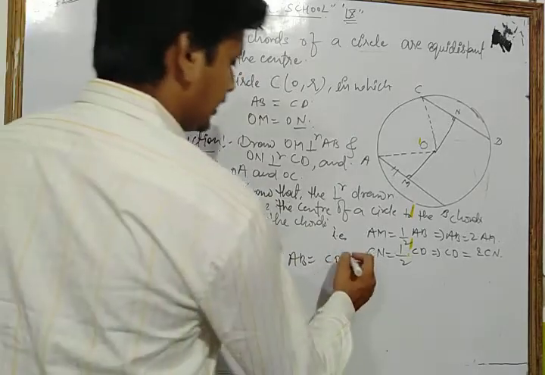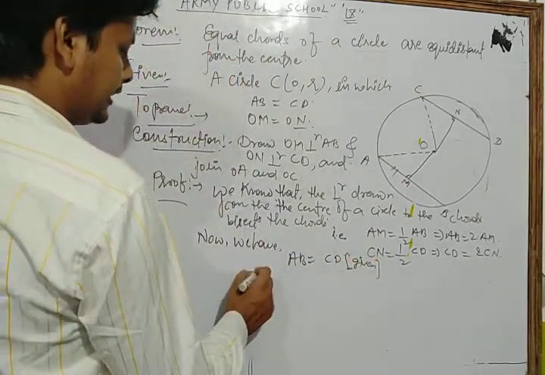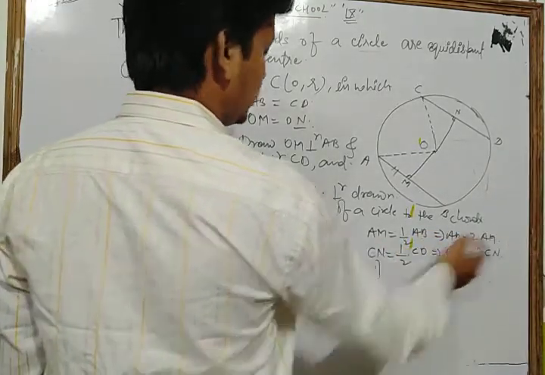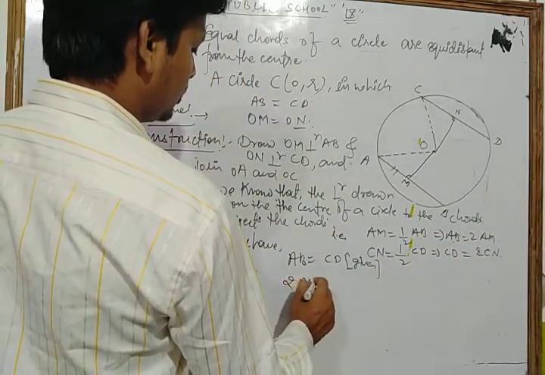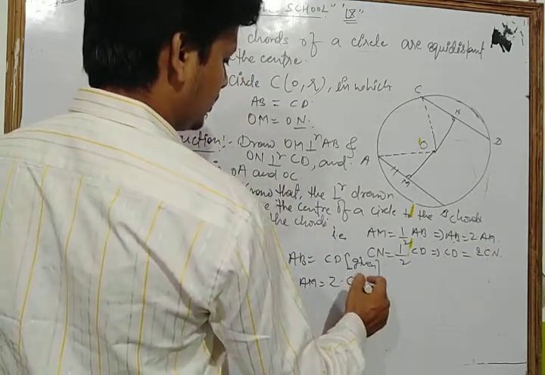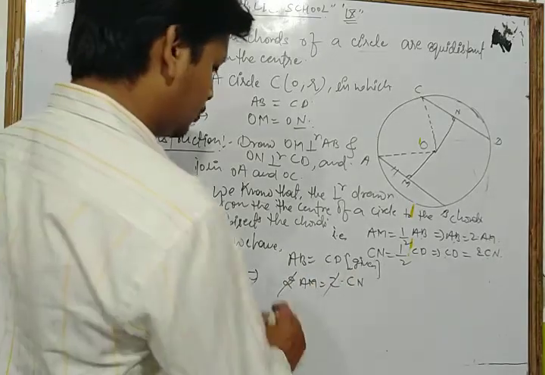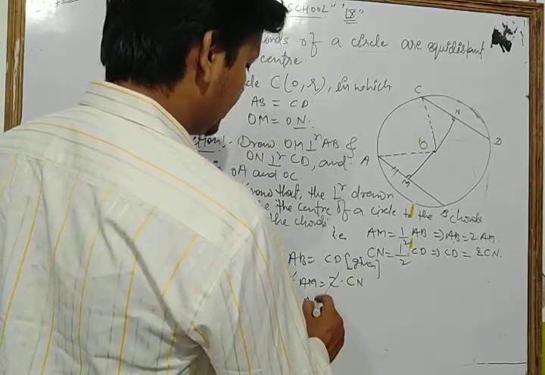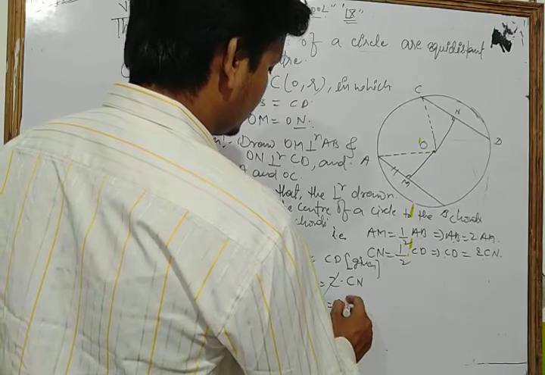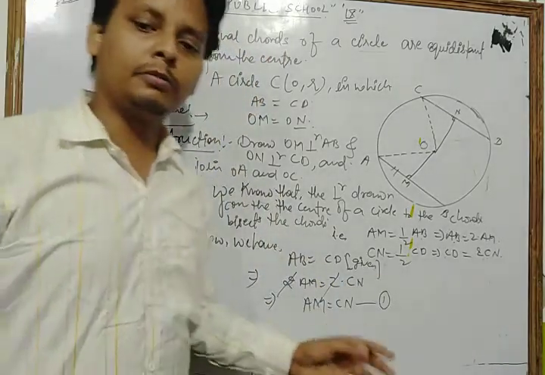This is given in our theorem. So we put AB as 2 times AM and CD as 2 times CN. The 2s cancel each other, so we have AM is equal to CN. Take this as equation number 1.